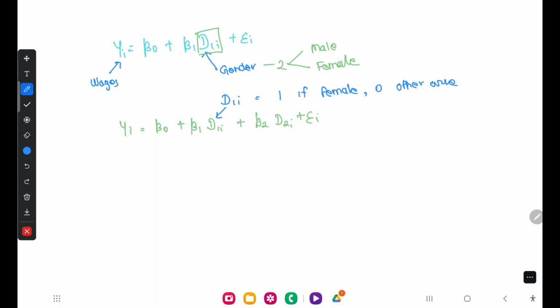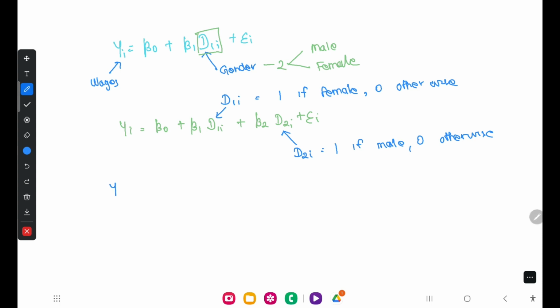That means d1 represents 1 if female and 0 if male, and d2 represents 1 if male and 0 otherwise. Why didn't we do this? That's because, let me show you.